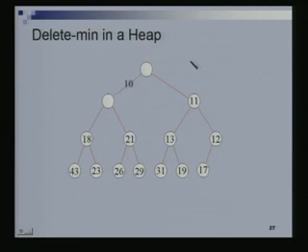So, 10 is the smaller one, I move 10 up there. So, I have an empty location now here. It is natural to take the smaller of these two and move it up there, and this moves the empty location here. And now it is natural to take the smaller of these two, 23 and 43, and move it up at that empty location, so that now we have an empty location here.